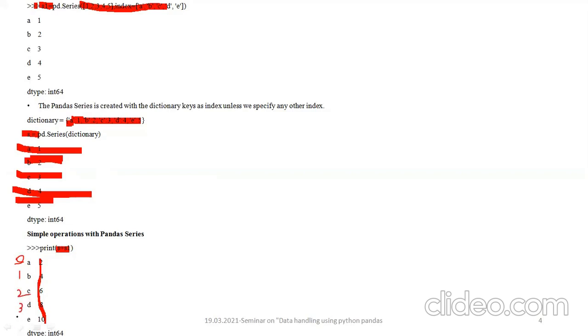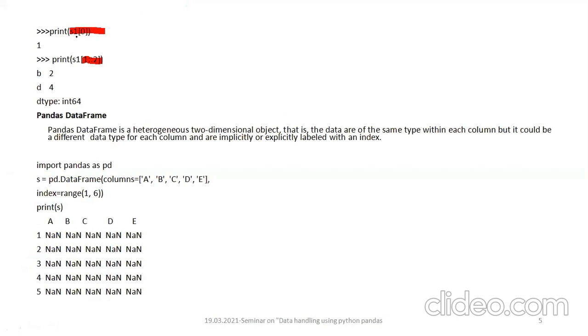If you have 5 records, the index value starts from 0 to 4, so n minus 1. If you want to retrieve the element present in the first position, that is the 0th index position, you give S of 0. In square brackets, you specify the index value. So here I am specifying the index value 0, S1 of 0.